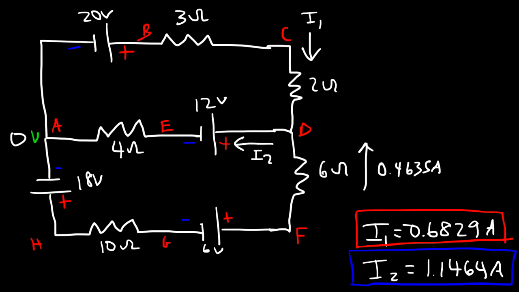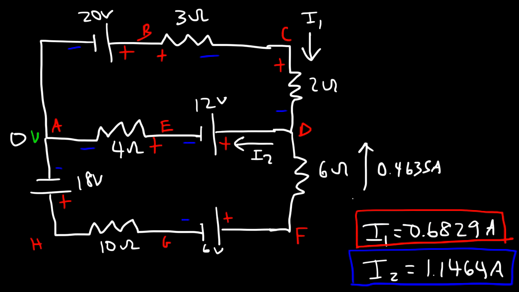So now we can place the appropriate signs across each resistor. So across the 3 ohm resistor, I1 is flowing in that direction. So this is going to be positive, and this is going to be negative. Now I1 is also flowing in this direction, so this is going to be the negative part of the resistor, and this is the positive part. I2 is flowing in this direction, so this is going to be the positive terminal of the resistor, and this is the negative terminal.